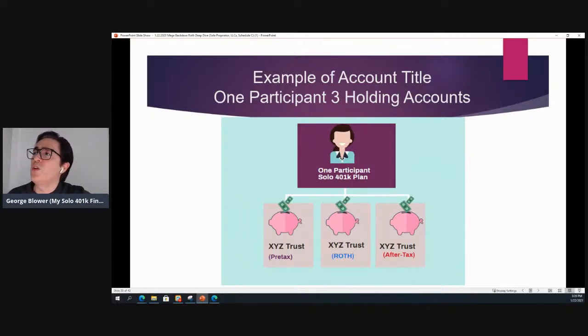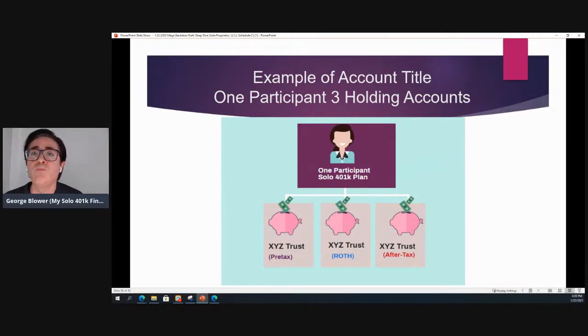Okay, we got a follow-up question here about the deadline. So didn't they change the deadline to establish a solo 401k to the due date of the return? So let's see here. Not the end of the tax year. So they tried to do so, but they didn't execute it in the sense that there is an IRS... So Congress changed the rule under the Secure Act.